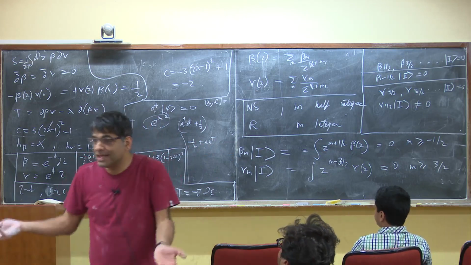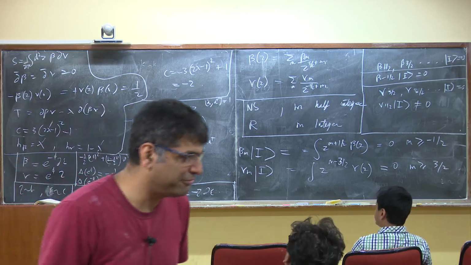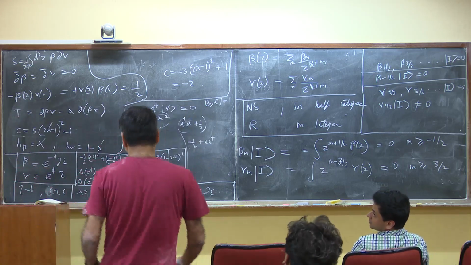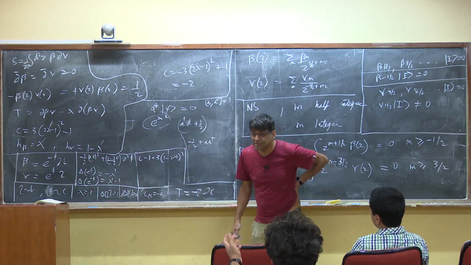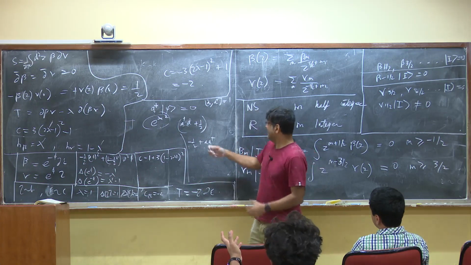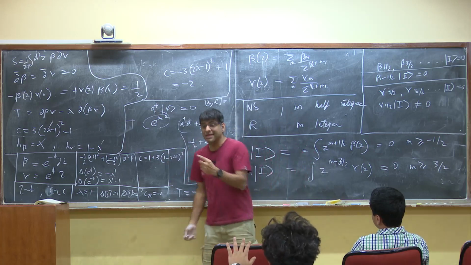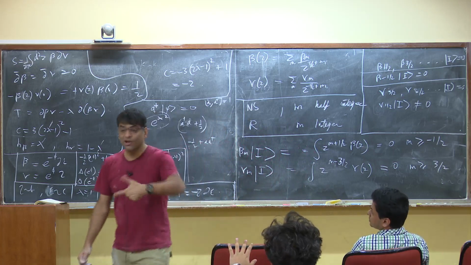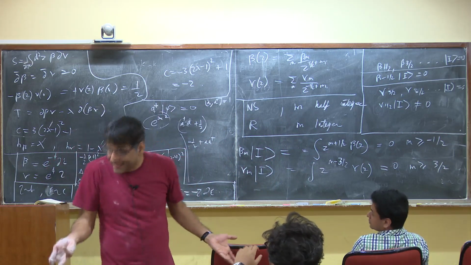But there is no state in the Hilbert space with energy minus half. The ground state has energy half. So this is a very strange state. This might be very stupid, so just add a constant. No. But in the normalization in which the vacuum has energy 1, this has 1 unit of energy lower than the vacuum, which is of course because it's not a state in the Hilbert space.